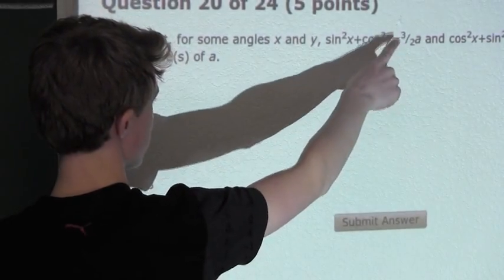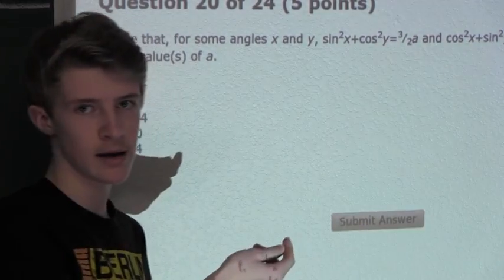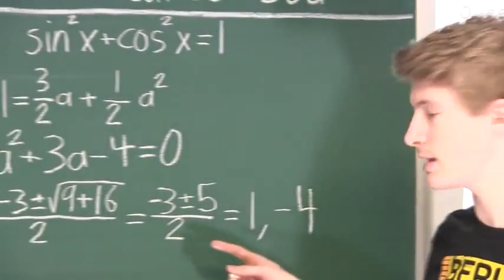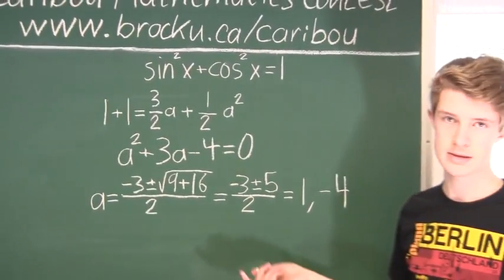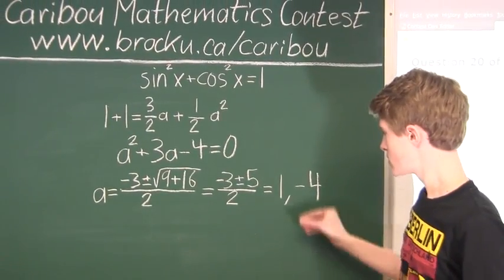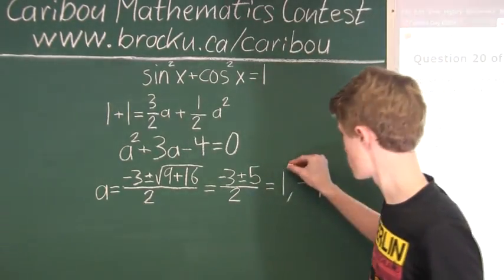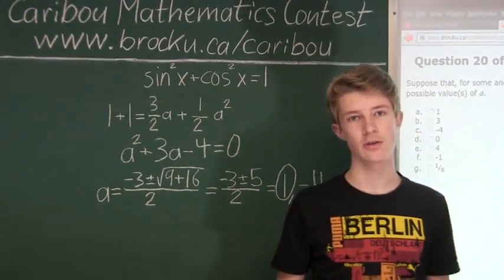So since we already have 3 over 2, which is positive, and we have times a, we know that a must be positive. And since for our two answers here we have a equals 1 and minus 4, we know that minus 4 is not positive, it is negative. So therefore we know that a equals 1 is the answer. So we know that the answer is 1.